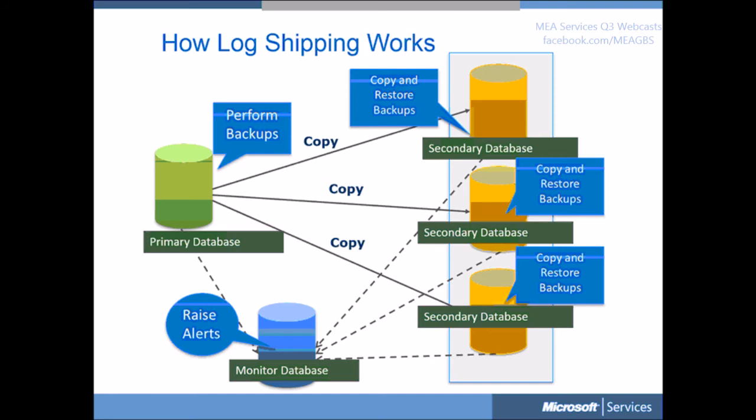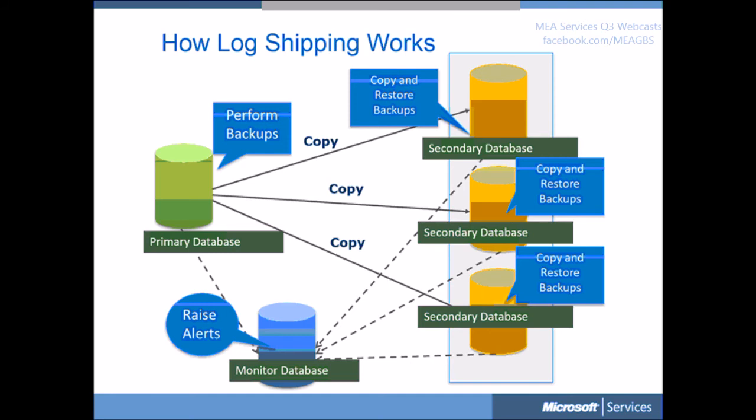Now, the dotted arrow marks represent that you can have a fourth machine outside of this log shipping configuration that acts as what we call the monitor server. Now, this monitor server gets pumped with data from all the servers.